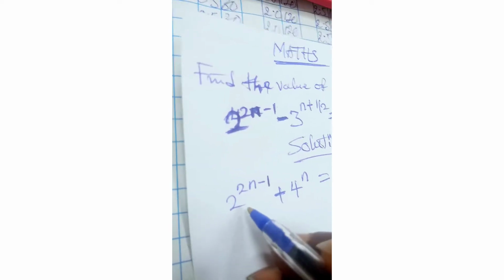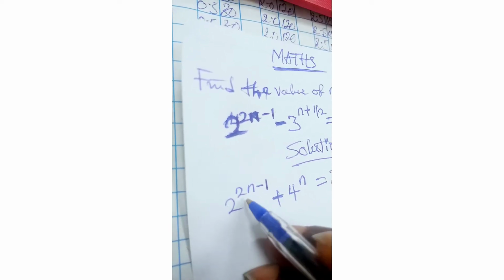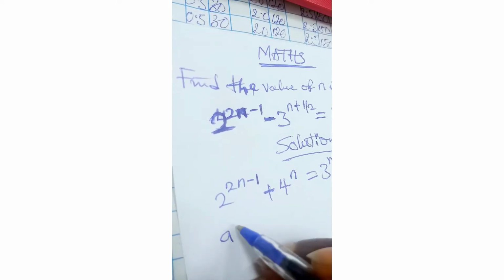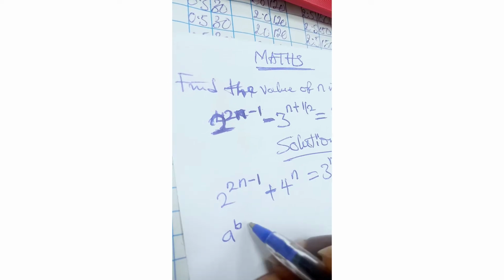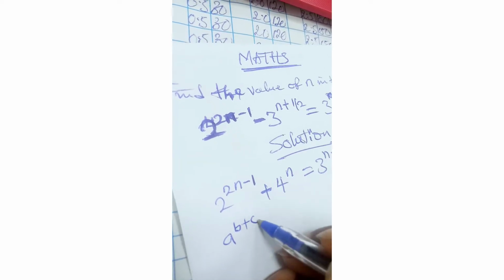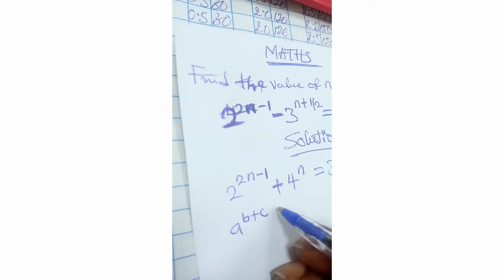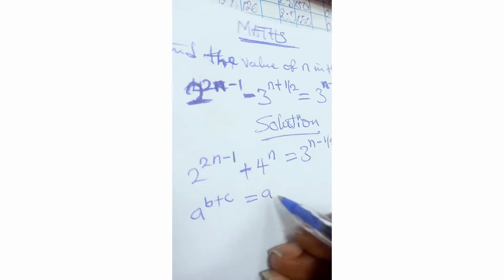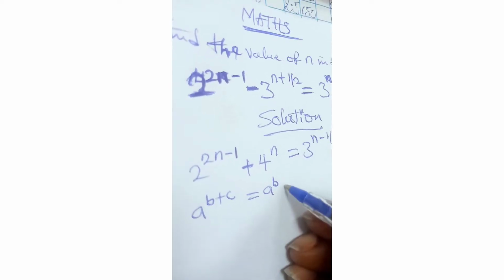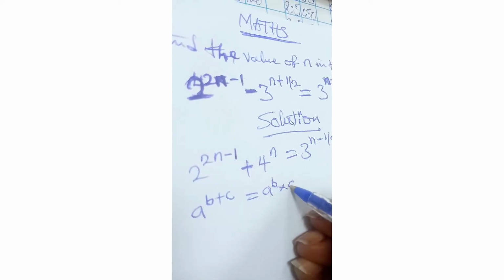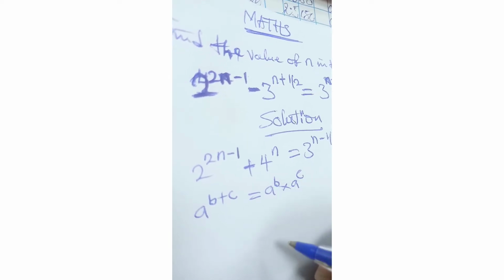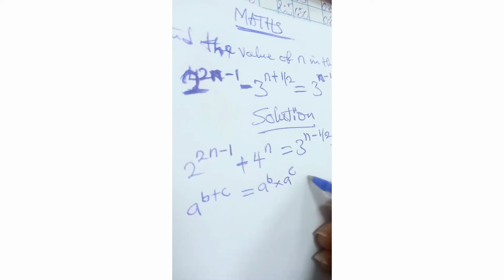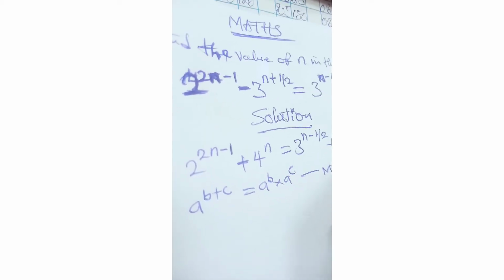For example, if we have a raised to power b plus c, it is possible in indices to split this to be a raised to power b times a raised to power c. Yes, that's the multiplication law of indices.